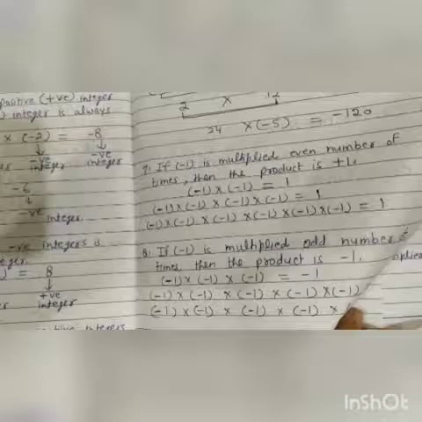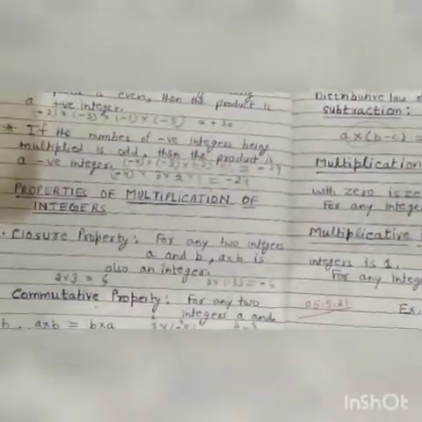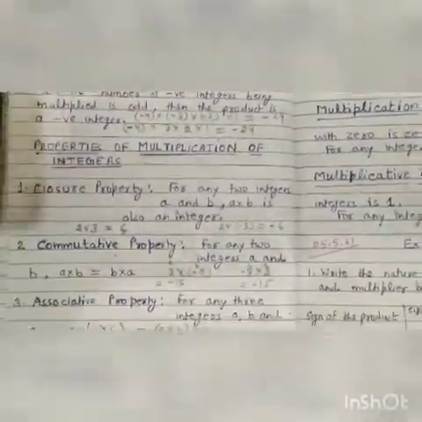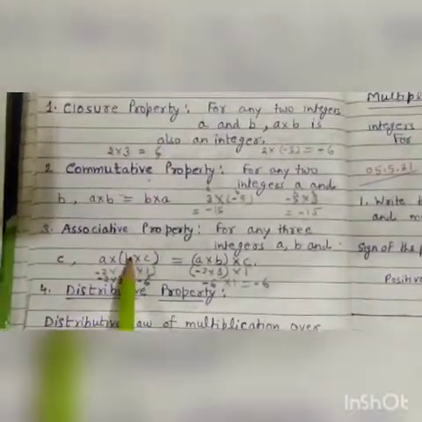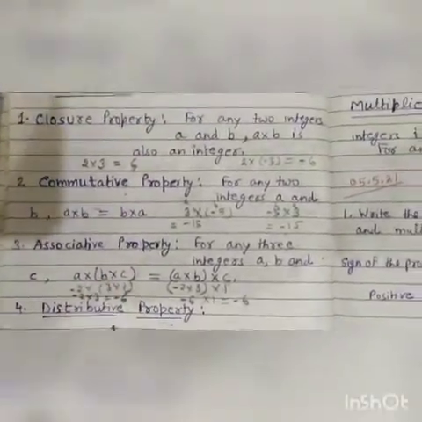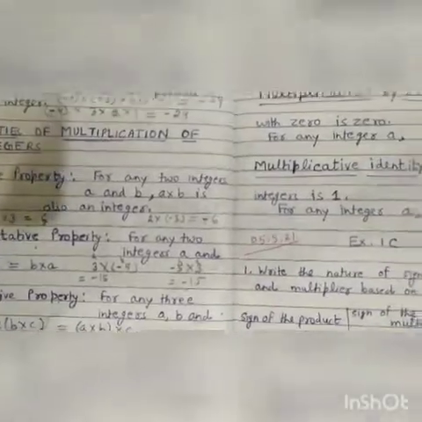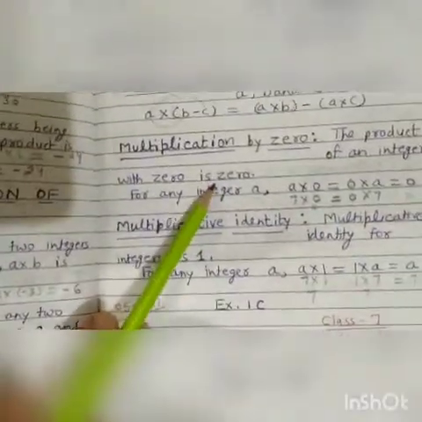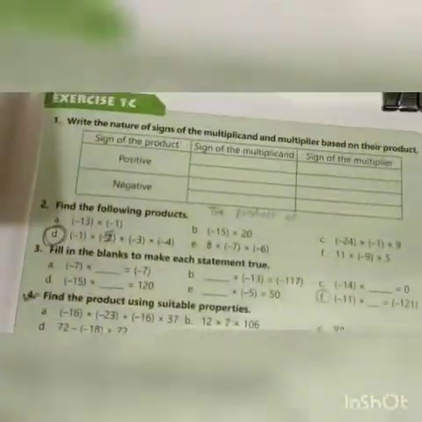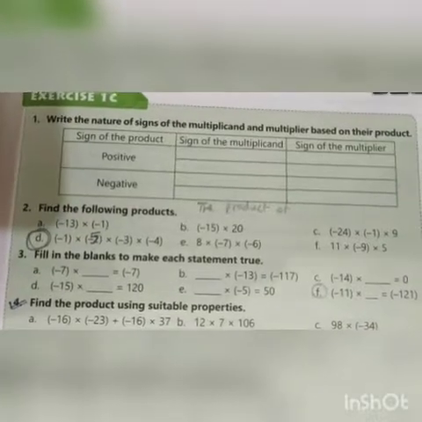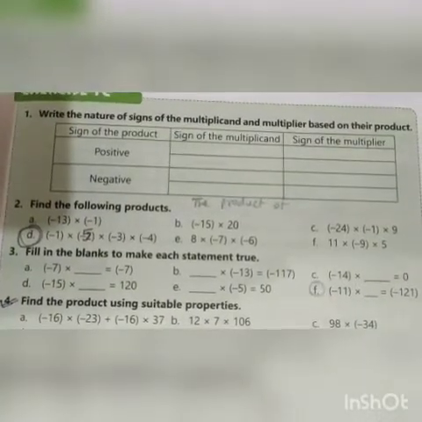Here I also explained closure property, commutative property, associative property, distributive property, multiplication by zero, multiplicative identity. Today we will start exercise 1C, which is based on these properties.